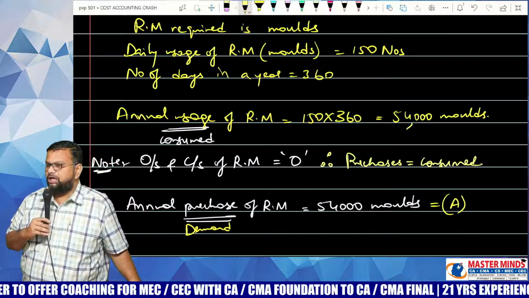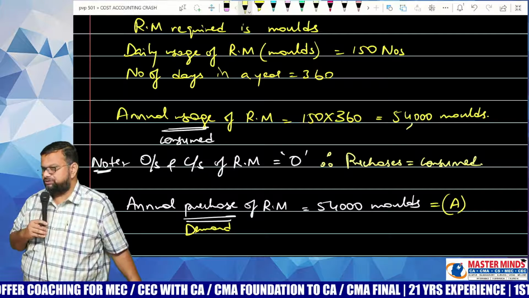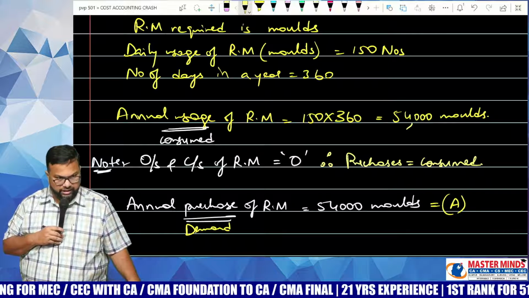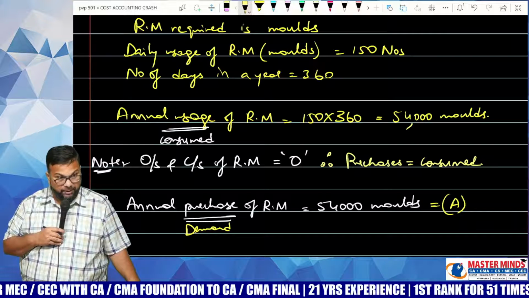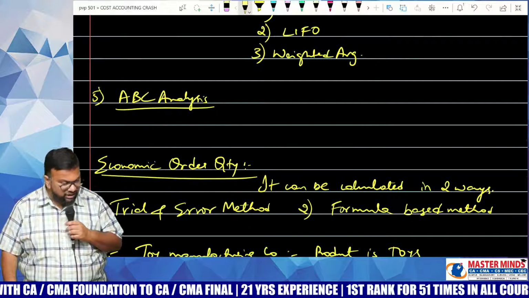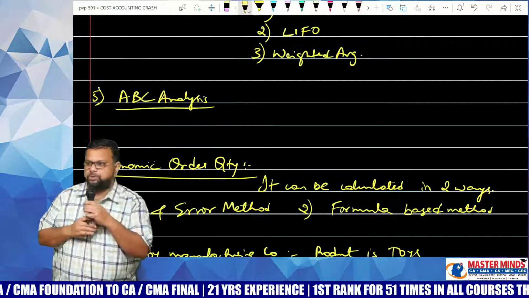That we have already learnt in the cost sheet. When opening and closing stock of raw material are not given, then raw material purchased is equal to raw material consumed. In EOQ, should I be concerned about raw material consumed or raw material purchased?